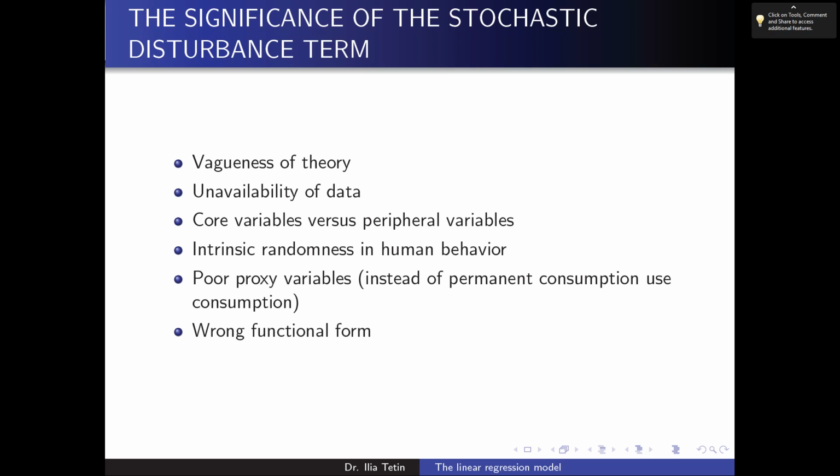And we are okay with that because we know there's a special ui term which just captures all those bumps and ups and downs in our variables. Intrinsic randomness in human behavior. What do we mean?